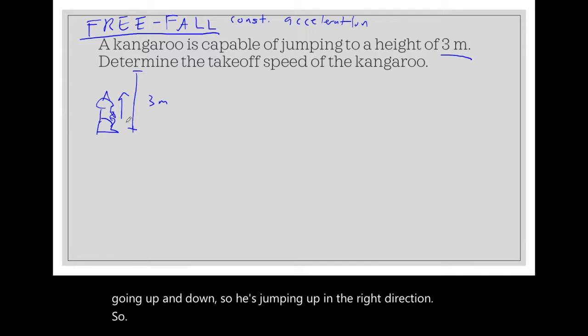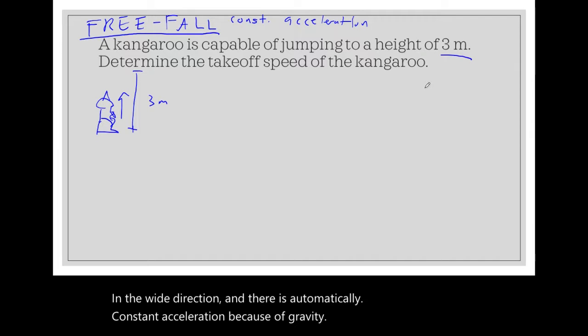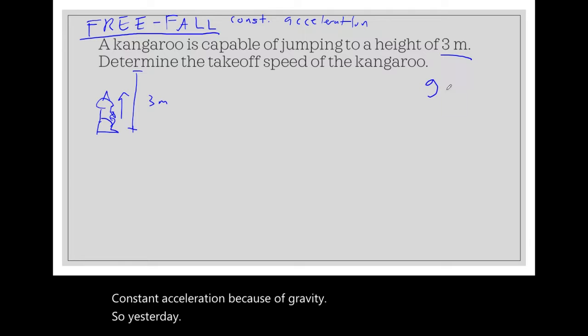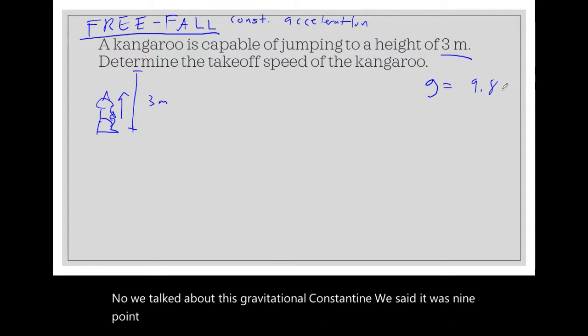So what's really different about the x and the y direction is that in the y direction, there is automatically constant acceleration because of gravity. Yesterday, we talked about this gravitational constant g, and we said it was 9.8 meters per second squared.